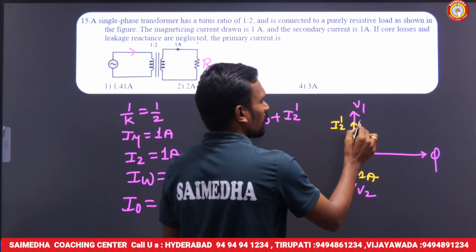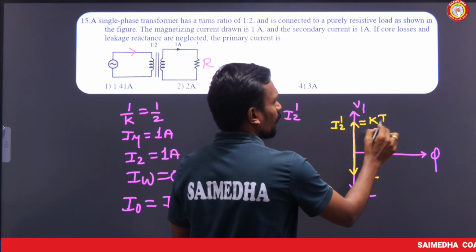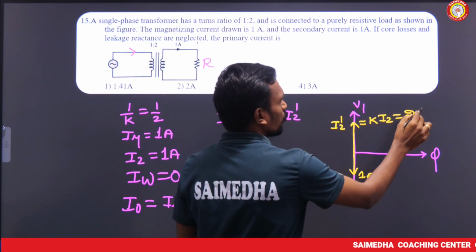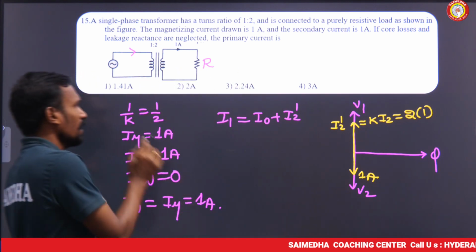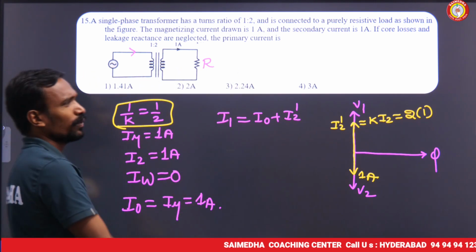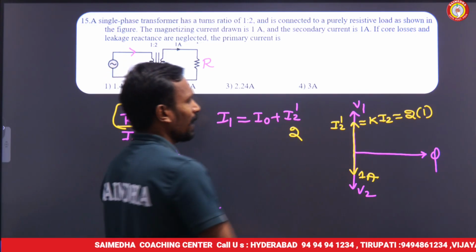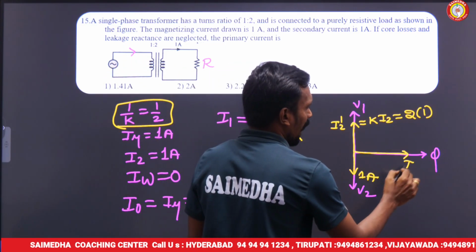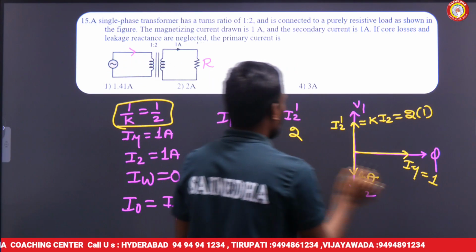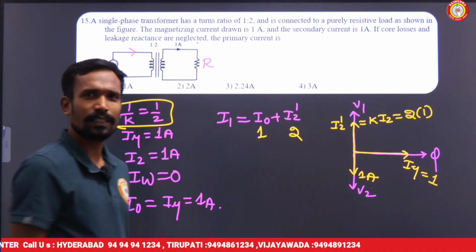What is I2 dash? I2 dash is equal to K into I2. K is equal to 2 and I2 is equal to 1. So I2 dash is equal to 2. And this is our I mu, I mu is equal to 1 ampere.